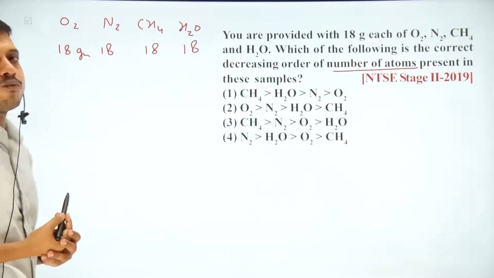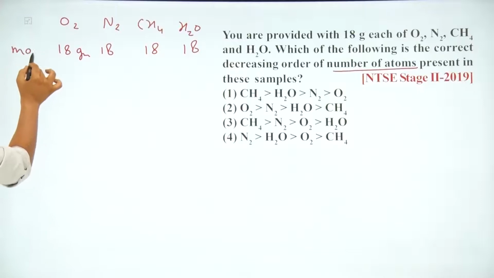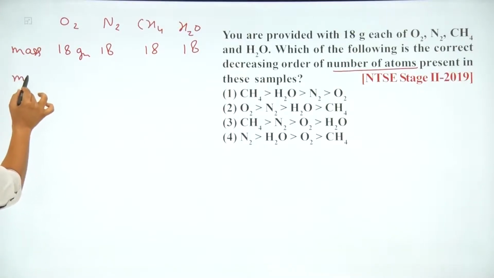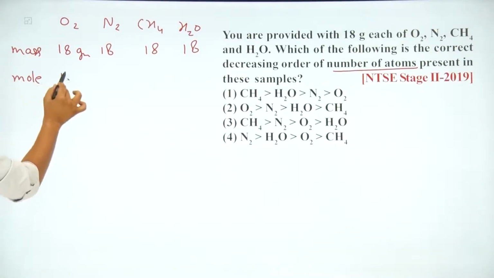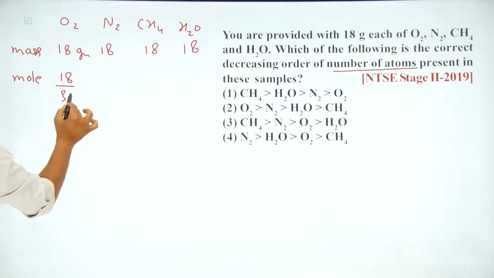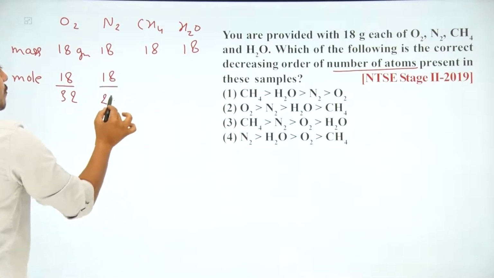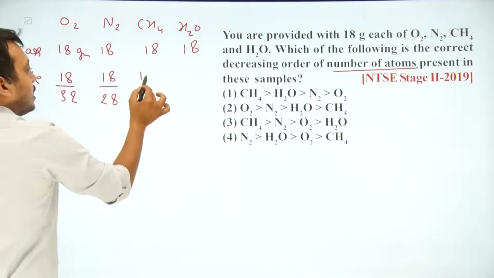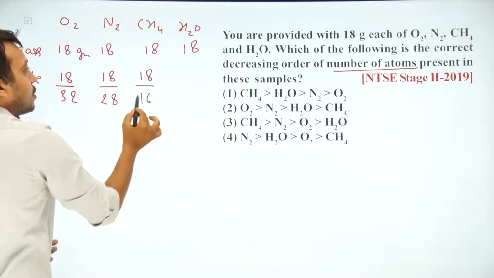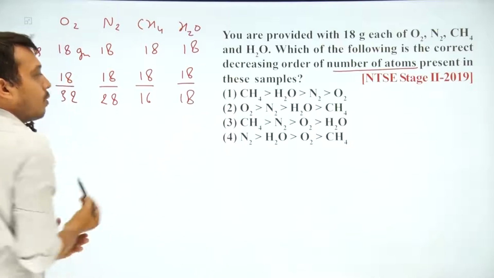First we have to find out the number of moles. To calculate number of moles we just divide the given mass by molar mass. So 18 upon 32 for oxygen, 18 upon 28 for nitrogen, 18 upon 16 for methane, and 18 upon 18 for water.